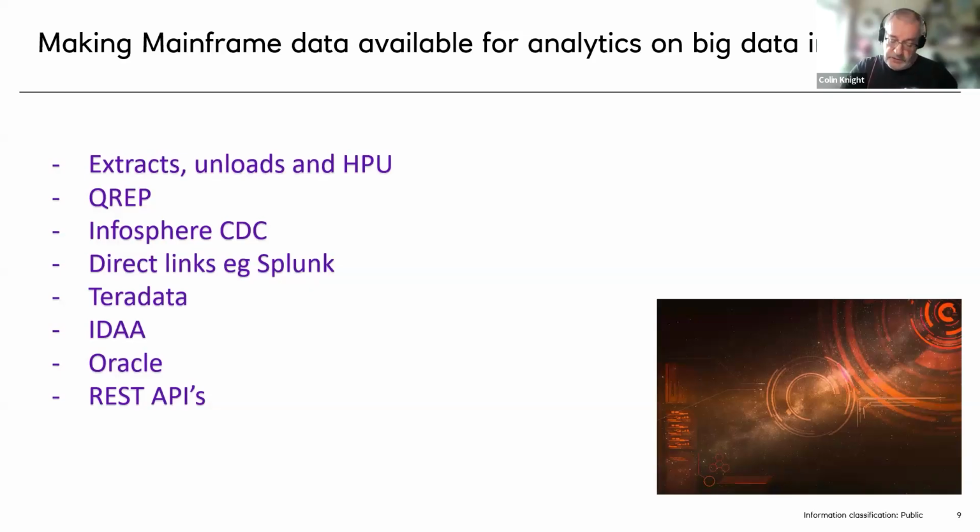Also, we use queue replication using MQ. So the DB2 data changes go into MQ and then out to DB2 target tables. And then extracts from those targets are sent to the big data environment.